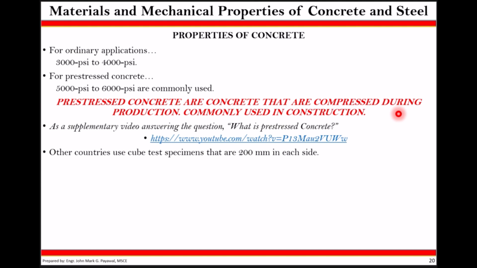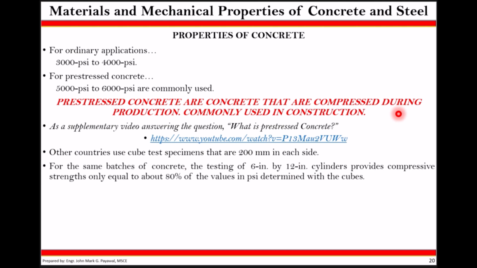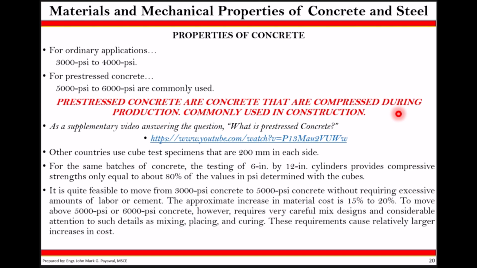Other countries may be using 200 millimeter cube test specimens. For the same batches of concrete, the testing of 6 by 12 inch cylinders provides compressive strengths only equal to 80% of the values in psi determined with the cube. So by practice, your cylindrical mold would only yield mostly 80% of the true value of your actual concrete.